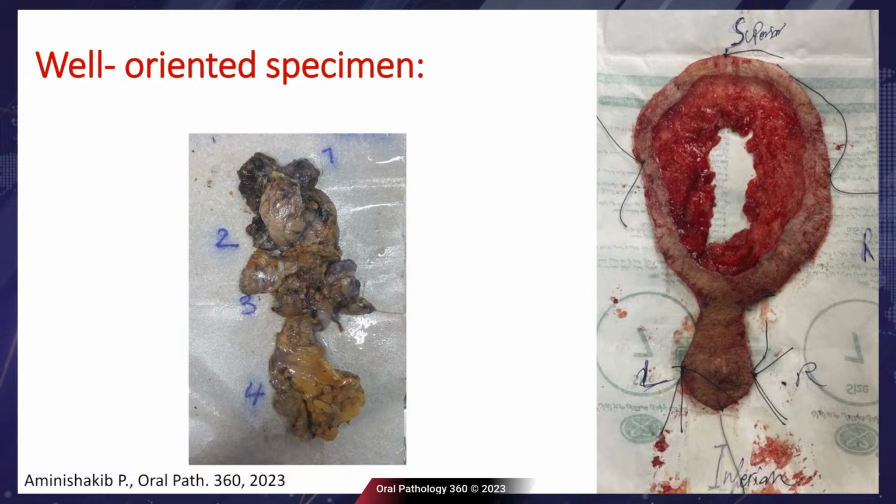On the left side, you can see a cervical dissection well oriented by the surgeon as levels 1, 2, 3, and 4, and it facilitates the dissection process for the pathologist.